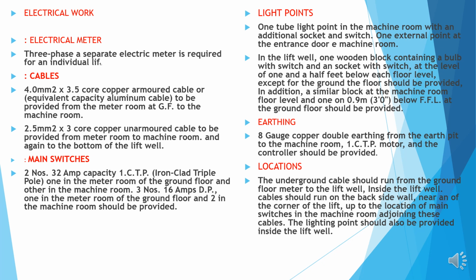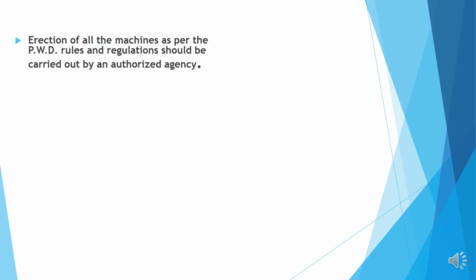Adjoining these cables, the lighting point should also be provided inside the lift well. Saddling of the cables at 0.6 meter interval in succession should be provided. Erection of all machines as per the PWD and the regulations should be carried out by an authorized agency.